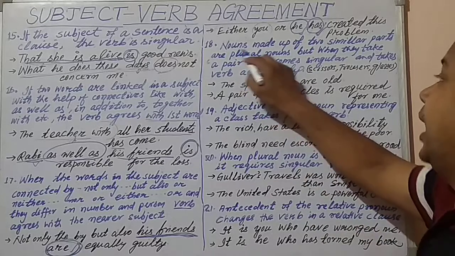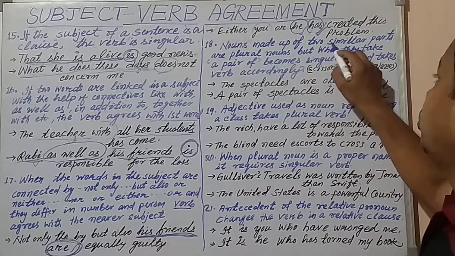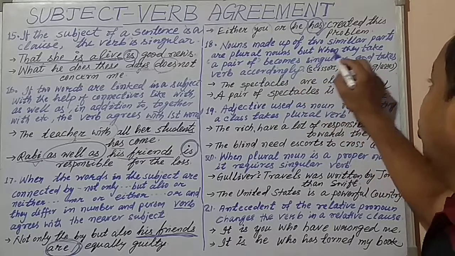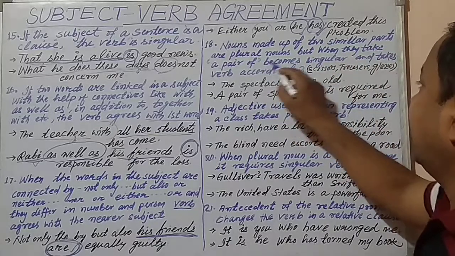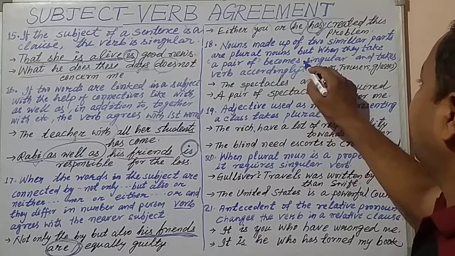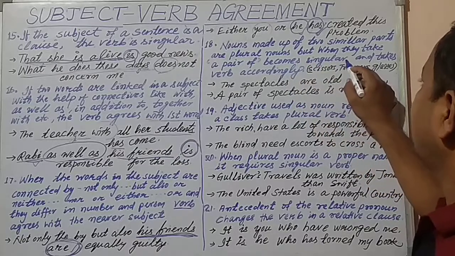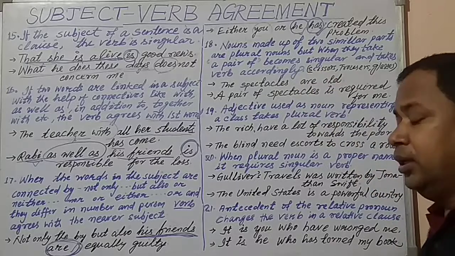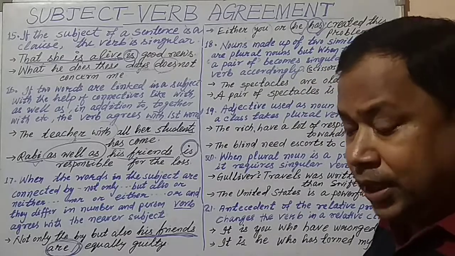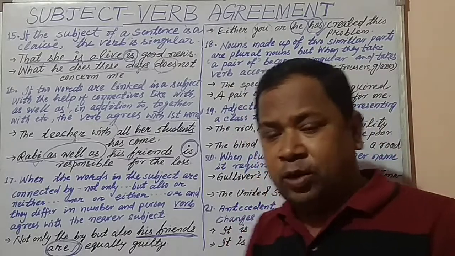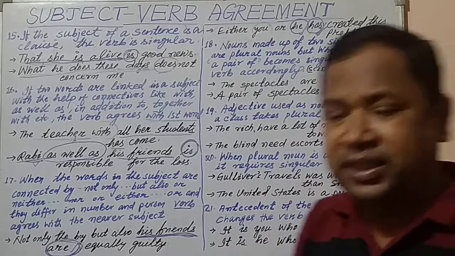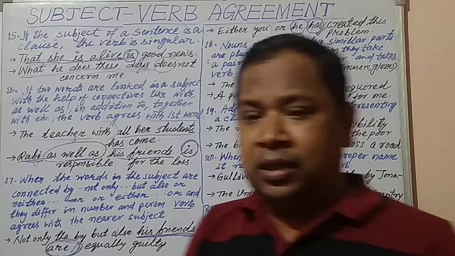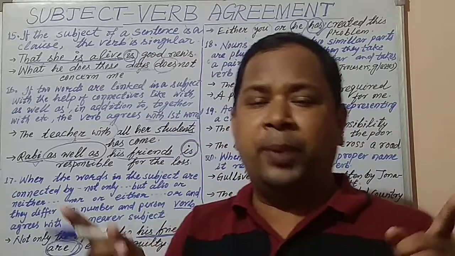You see, nouns made up of two similar parts are plural nouns, but when they take a pair of, it becomes singular and takes the verb accordingly. Here you see, words like scissors, trousers, glasses or spectacles, you know, when we say trousers, that means in trousers you will see two parts.